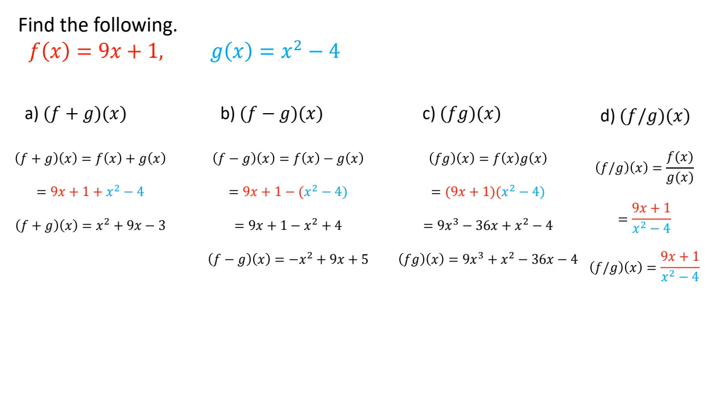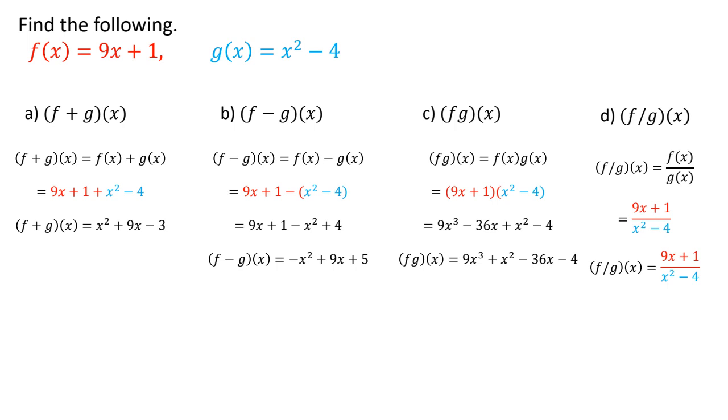And if I could factor these out in some way or simplify it, I would. But I can't simplify or cancel anything out from this. So my answer would be just this, 9x plus 1 over x squared minus 4.